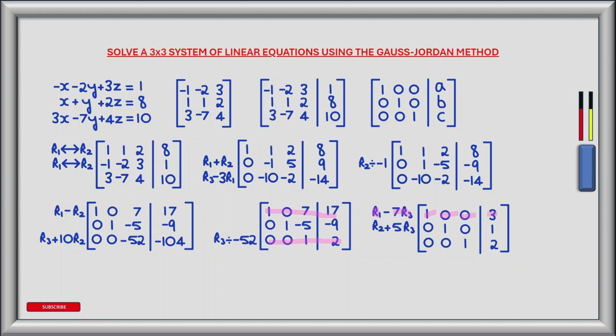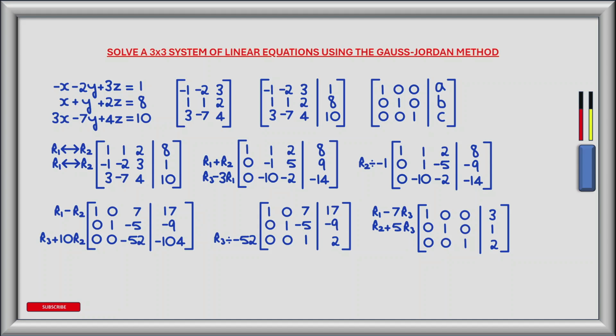And then we can multiply row 3 by 5 and add it to row 2. The new row 2 becomes 0, 1, 0 and 1. And row 3 remains unchanged. So now we have the matrix in reduced row echelon form.